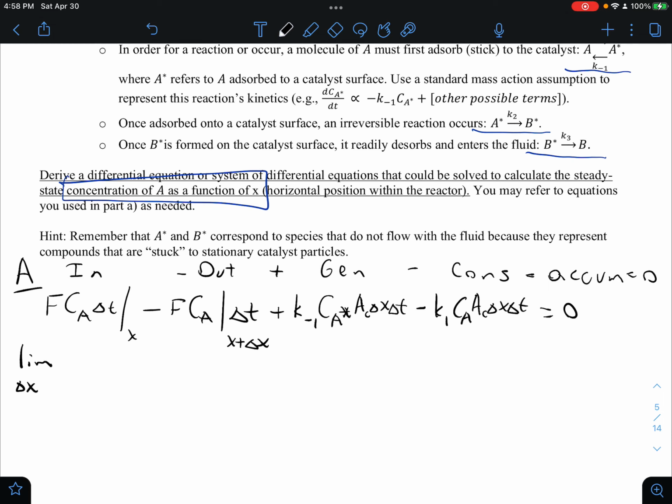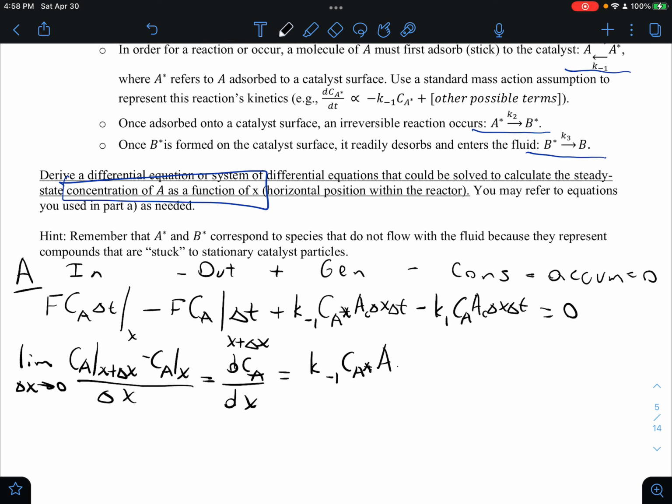So I'm going to say limit as delta x goes to 0, C_A at x plus delta x minus C_A at x divided by delta x, which is dC_A/dx, is going to equal k_{-1} C_A* A_C minus k_1 C_A A_C, divided by F. Okay, so now this is a differential equation for C_A.